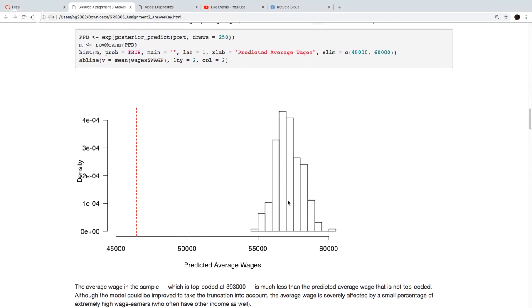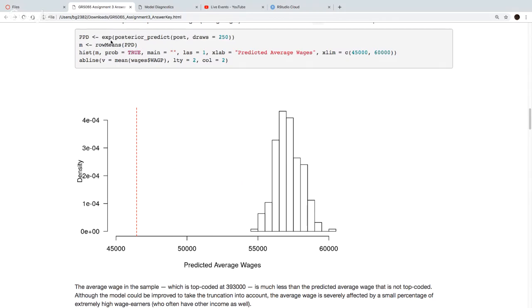But anyway, looking at the posterior predictive distribution of wages and its average across people is probably a better measure of the average wage than the average wage in the data when it's subject to top coding. And indeed, we see that in the histogram.